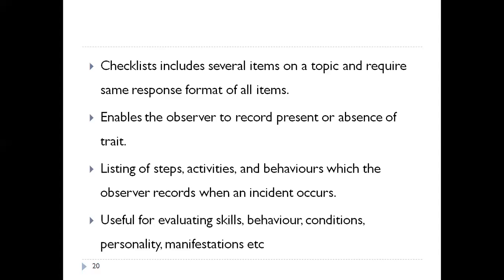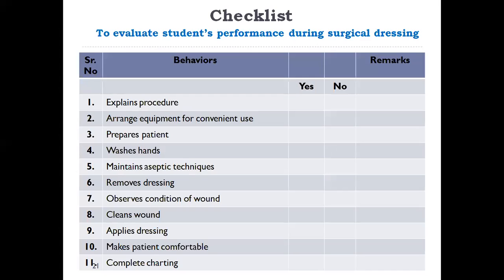Now let us look at a checklist. Here, the objective was to evaluate a student's performance during surgical dressing, and that particular procedure has been divided into 12 items, wherein the student explains the procedure, arranges the equipment for convenient use, prepares the patient, washes hands, maintains aseptic techniques, removes the dressing, observes the condition of the wound, cleans the wound, applies the dressing, makes the patient comfortable, and completes the charting.